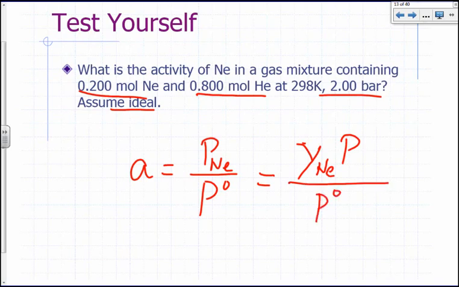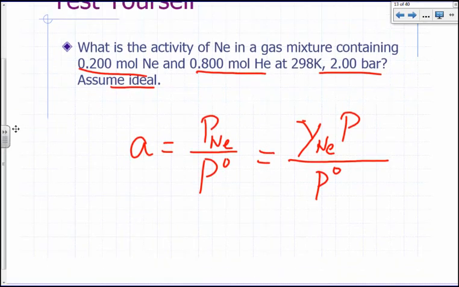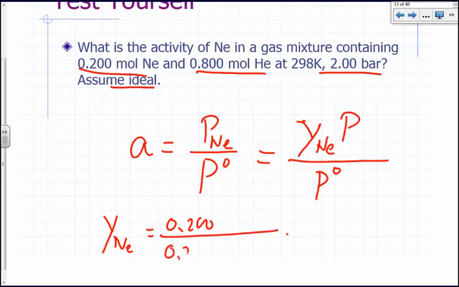You divide that by P naught, and that will give you your activity for neon. We need the mole fraction, right? So the mole fraction of neon is just 0.200 over the total moles, which is 0.200 plus 0.800. That's equal to 0.200. That's your mole fraction.